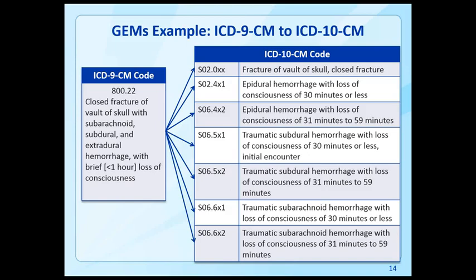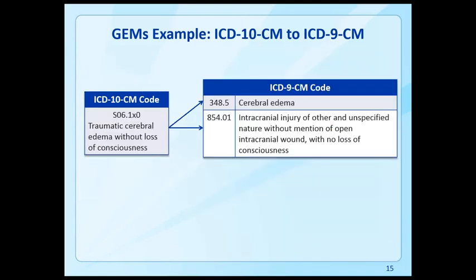And you can see from this, as well as from Holly's earlier examples, there are more discrete amounts of loss of consciousness with ICD-10-CM. You can also go backwards from ICD-10-CM to ICD-9-CM. And one of the examples on this would be if you look at code in ICD-10-CM, S06.1, it's a traumatic cerebral edema without loss of consciousness.